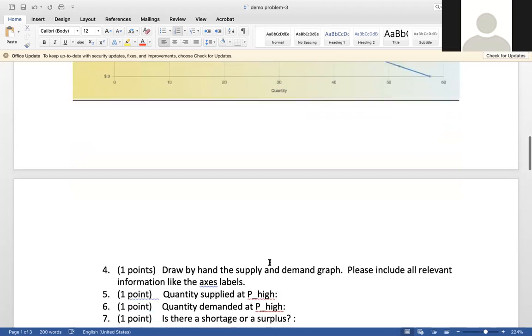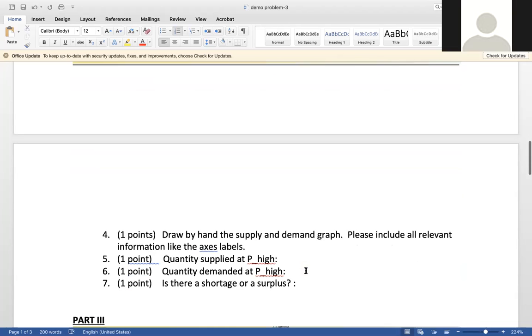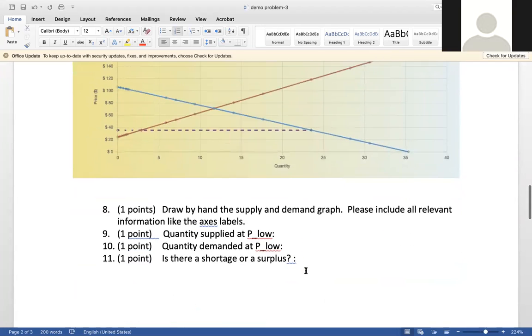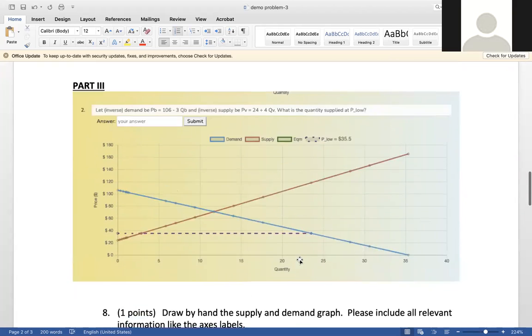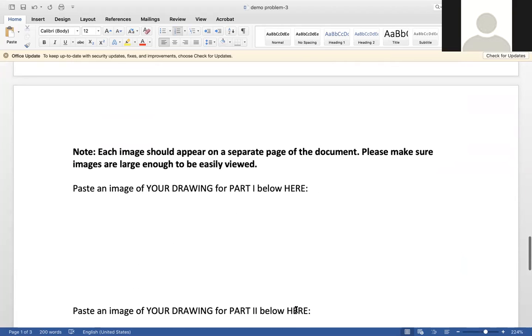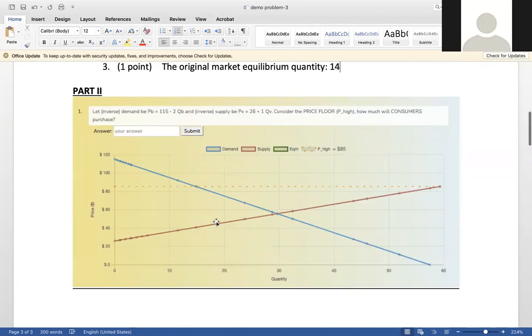And you go through and you answer the questions here. So this one is about a price floor, and this one is about a price ceiling, right? And then you try to quantify the surplus, and you just put all your answers like that. And then what you want to do is literally get a piece of paper, and draw the exact same image you see here.